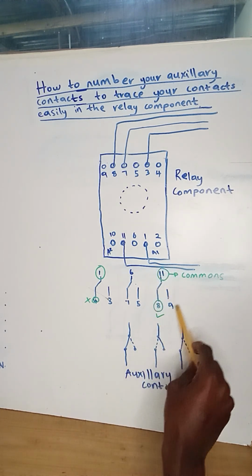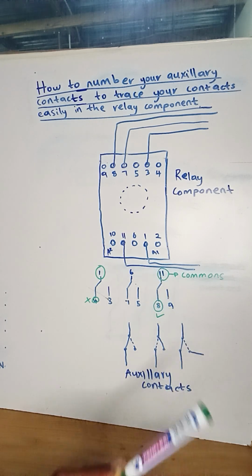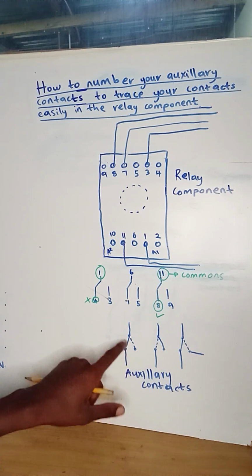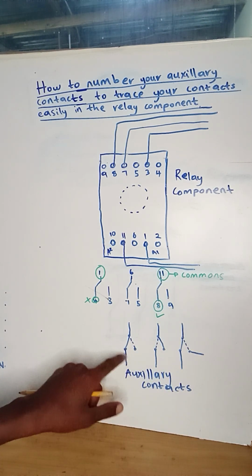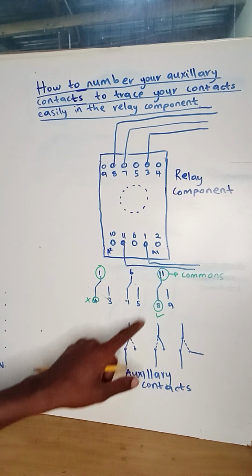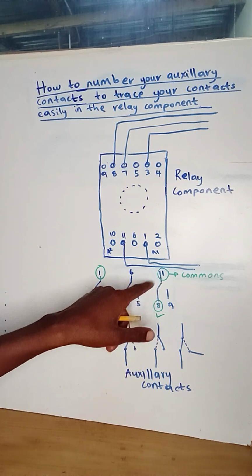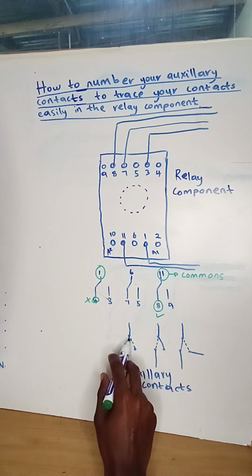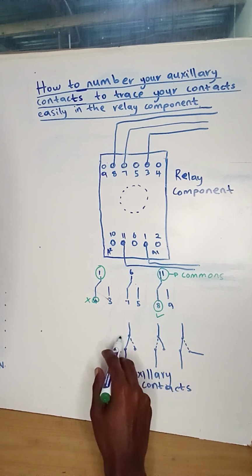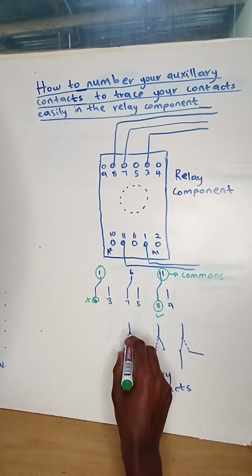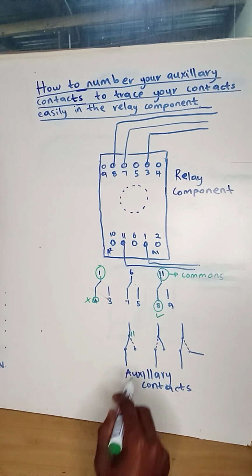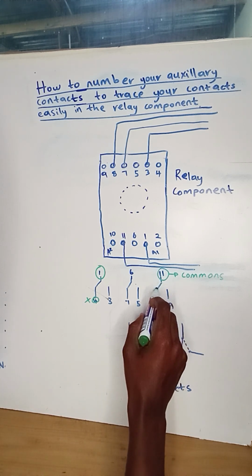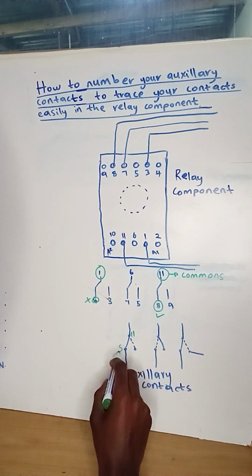this sketch of 11. So when you number your auxiliary contacts, because we chose this sketch, the top point will always be your common, which means it's number 11. And then the closed position is number 8.